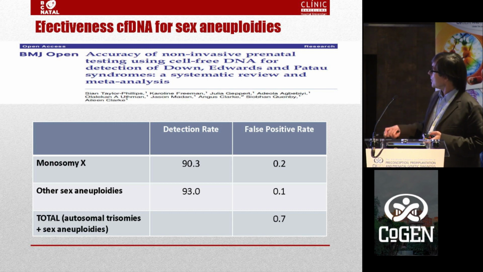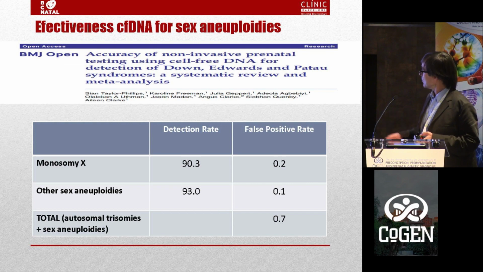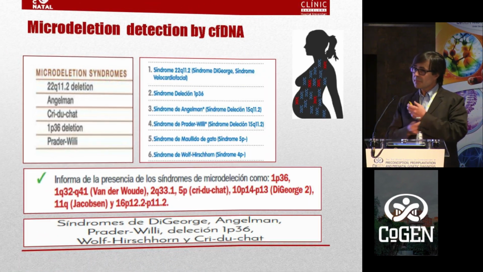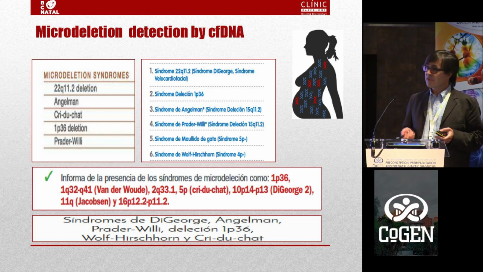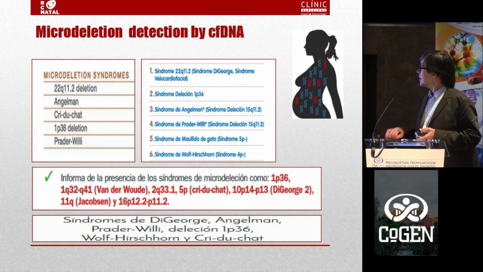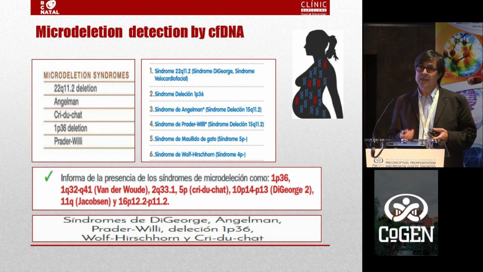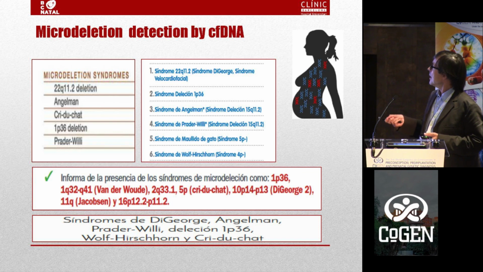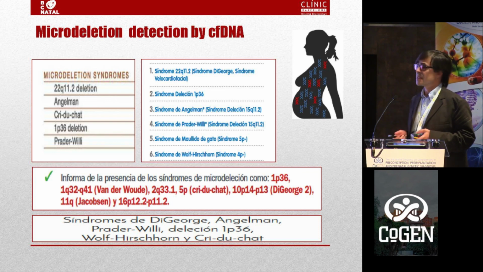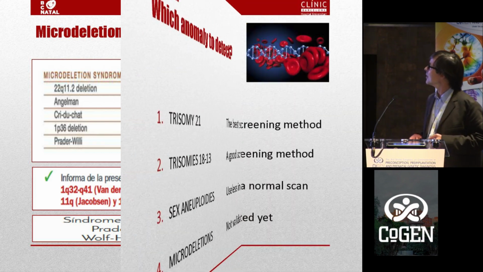If we add all the false positive rates for all the autosomal trisomies, it goes up to 0.7%. There has been a talk on microdeletion detection by cell-free DNA. These are the microdeletions that are offered nowadays here in Barcelona, in Spain, for the different commercial houses, and usually there are 5 or 6 that are offered.